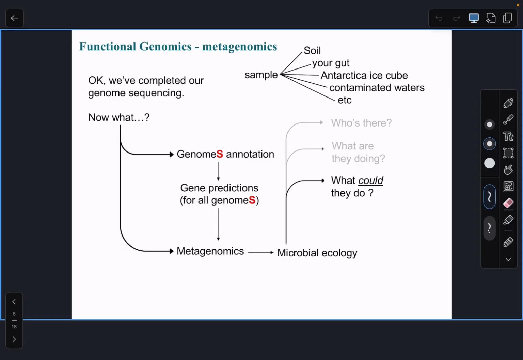And then another, I don't think I have a slide for that, but another fun thing that you can do in metagenomics is, again, take that microbial ecology approach.